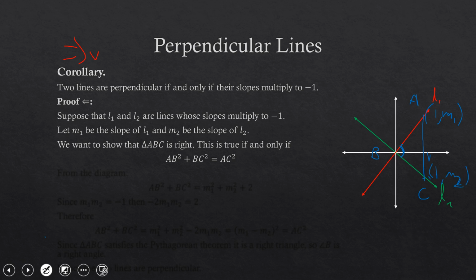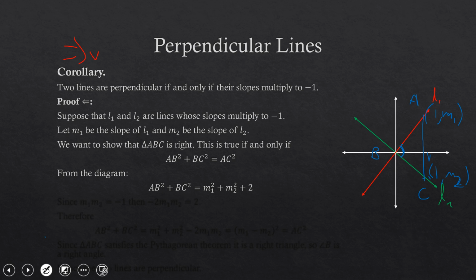And then we have 0, 0 right here. Okay, so what can we say? So AB squared plus BC squared is going to equal, again, M1 squared plus M2 squared plus 2.